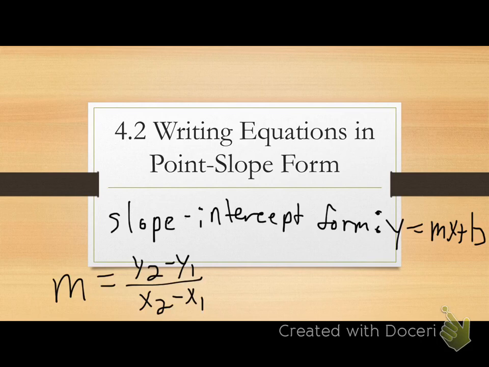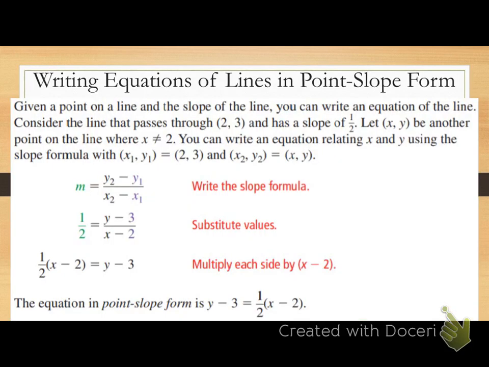Point-slope form is actually derived from my slope formula. So let's see how it is derived from my slope formula. Given a point on a line and the slope of the line, you can write an equation of the line. Consider the line that passes through the ordered pair 2, 3 and has a slope of 1/2.